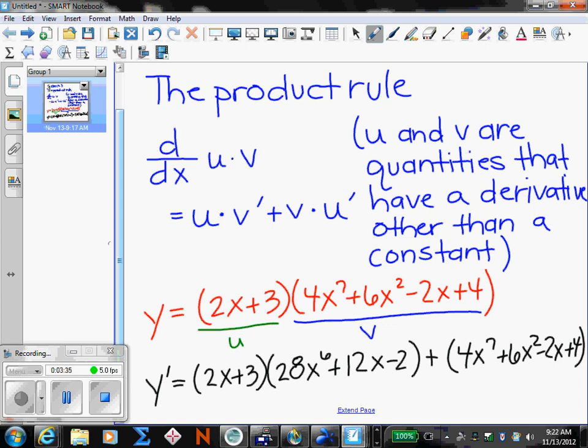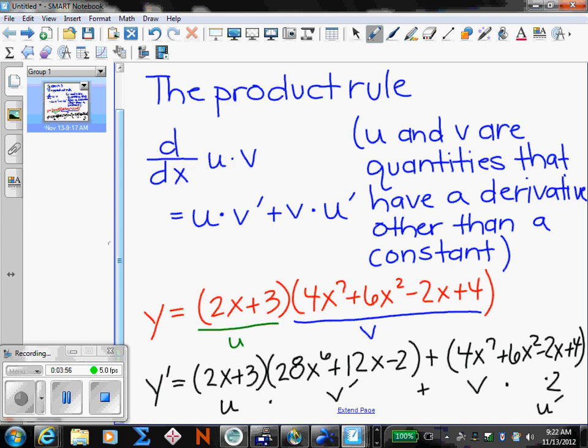So all of this will be times 2. So this is u times v prime, the derivative of my v quantity, plus my v times u prime.